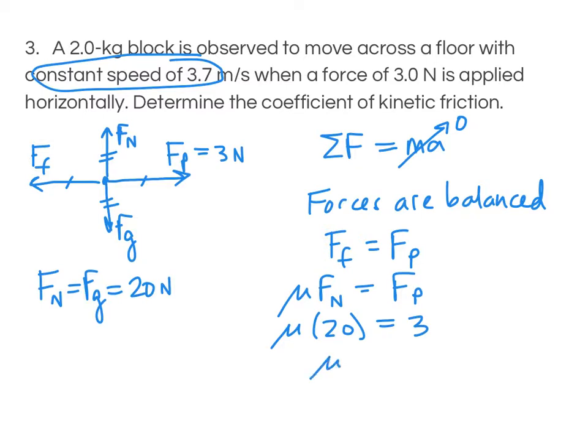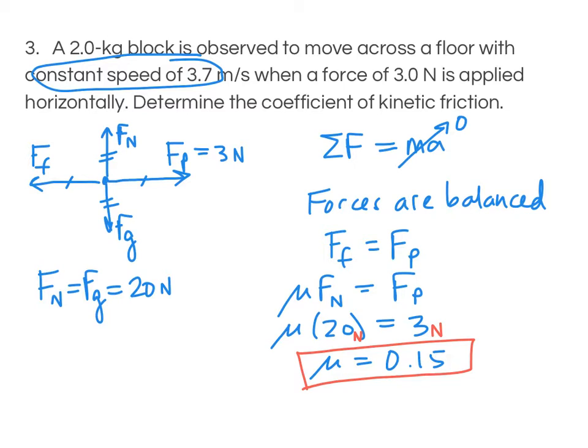So mu would equal 3 divided by 20, which is 0.15. There are no units on the value of mu. The 20 is in newtons and the 3 is in newtons, so those 2 units cancel out, and I'm left with a value only, no units on this particular answer.